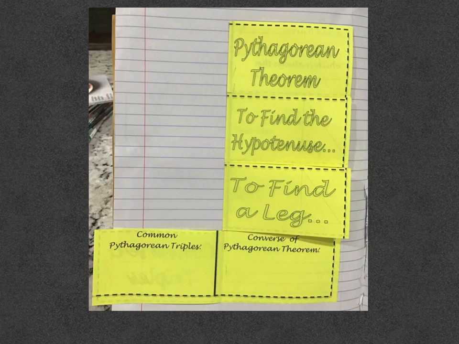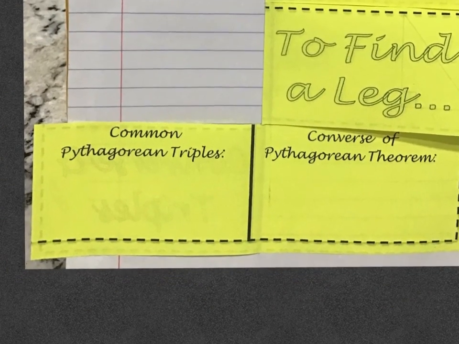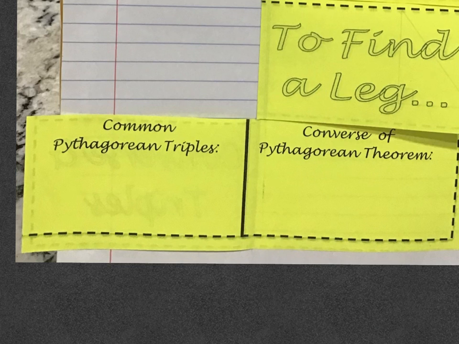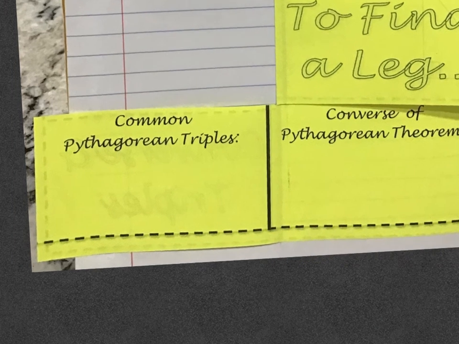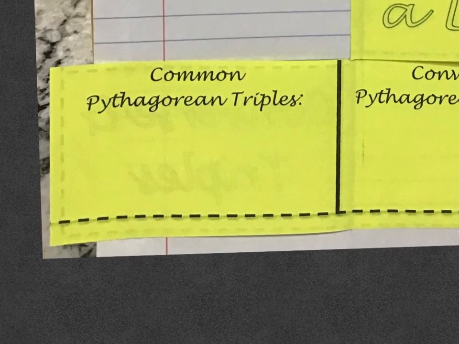If you open up the last tab where it says common Pythagorean theorem triples, you can test out any 3 numbers to see if they form a right angle. Some really common ones, the most basic starting combination, is 3, 4, and 5.